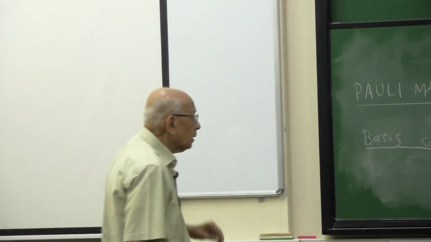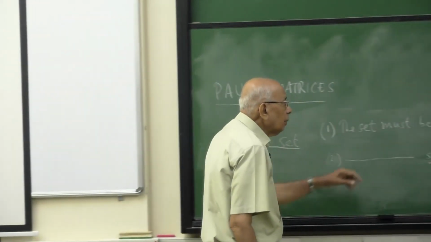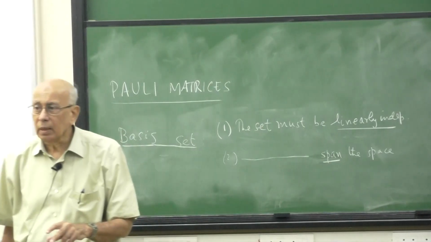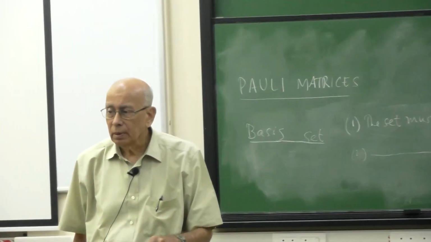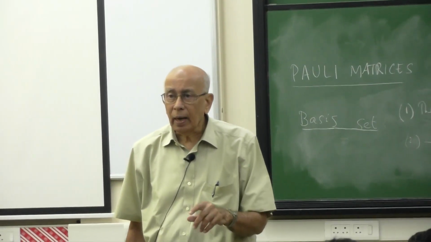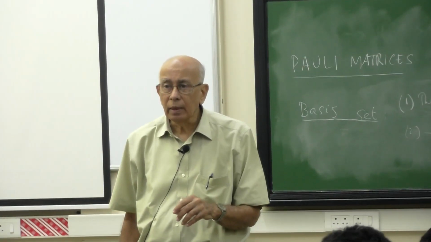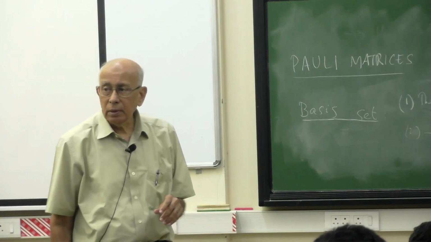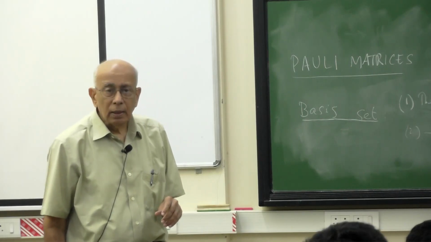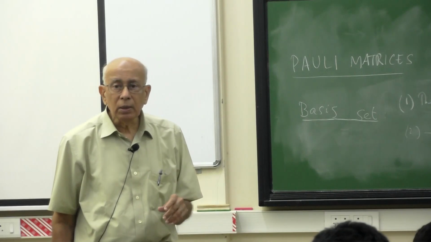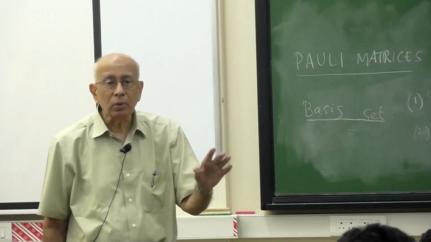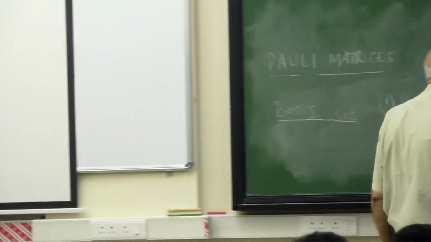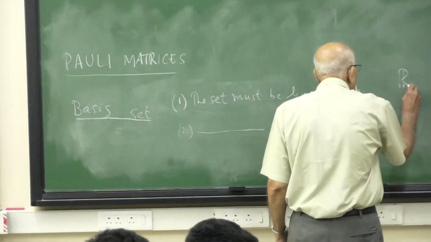What do I mean by this? Linearly independent means none of the elements of this set can be written as a linear combination of the others. Can I write i as a linear combination of j and k? No. So, i, j, k are linearly independent of each other. They must span the space. In other words, intuitively, no direction should be left out. So, let us look at R3, Euclidean space in 3 dimensions.